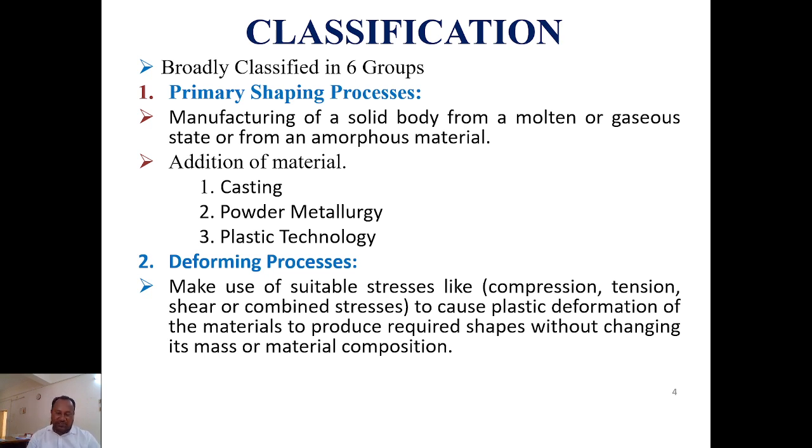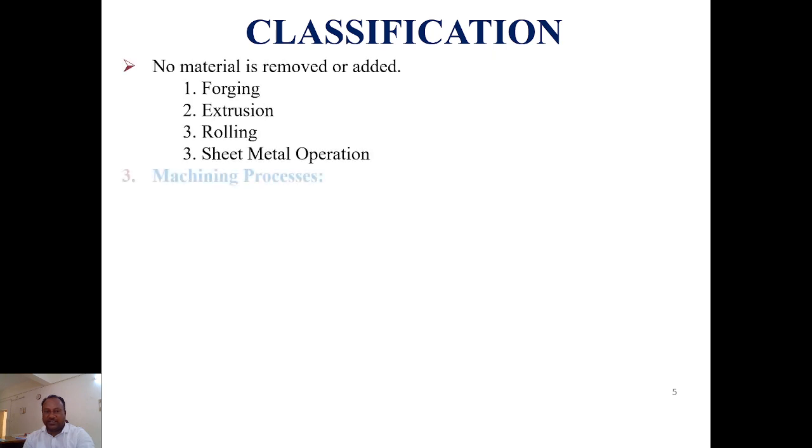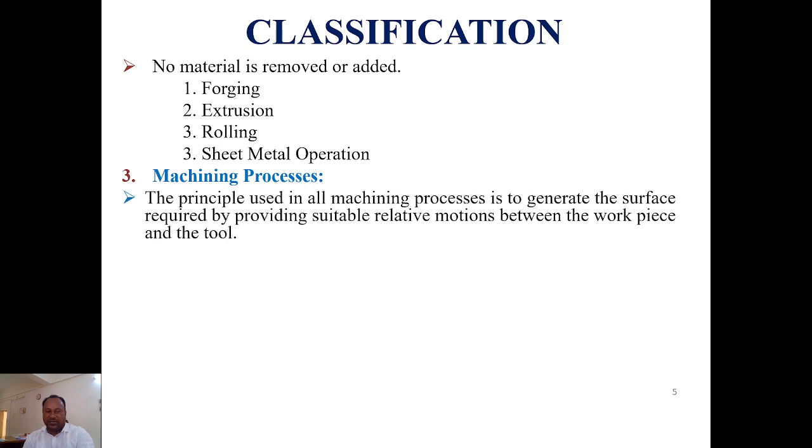First is primary manufacturing, called the primary shaping process: casting, powder metallurgy, plastic technology, and deforming processes, where forces like compression, tension and shear cause deformation of the plastic materials in order to produce the required shapes without changing mass and material composition. In the same way, no material is removed or added in forging, extrusion, rolling and sheet metal operations.